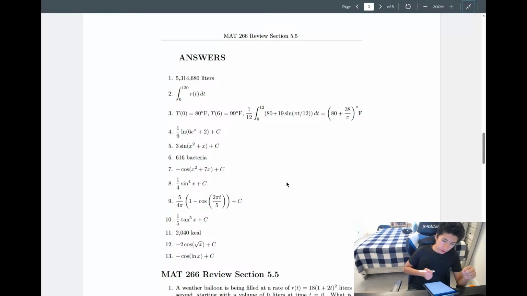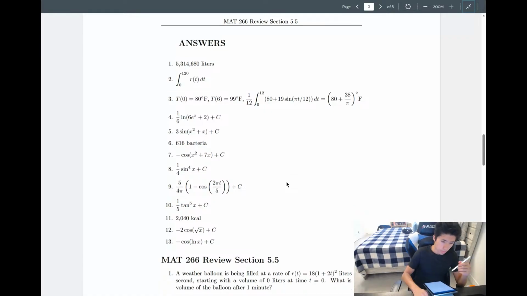The average volume, 80, right. One-twelfth, right, times the integral from 0 to 12, we had that, of the derivative. Oh, they did not integrate. Sorry, they did not differentiate that. Interesting. All right, let's keep going.